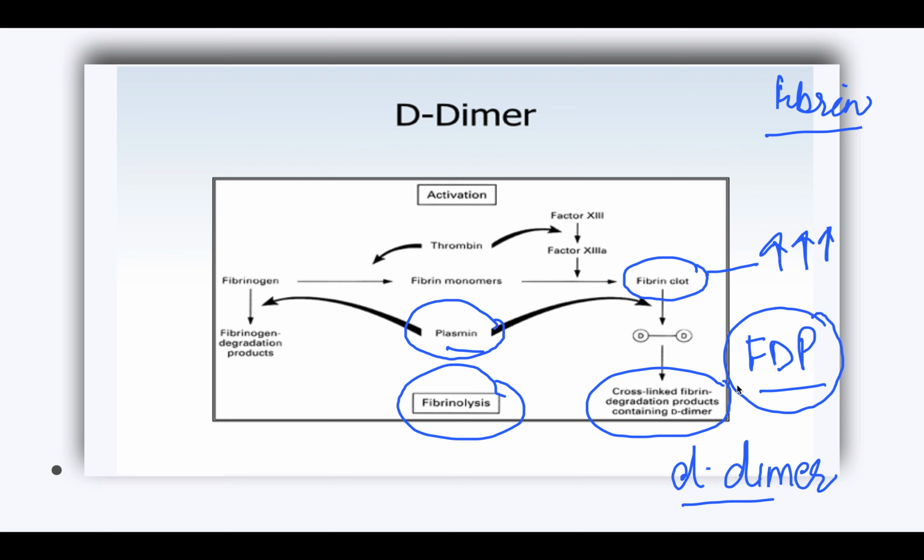So this D-dimer is a marker to diagnose DIC also. Now you have understood how D-dimer is produced in the body. D-dimer is actually a fibrin degradation product only and is formed from the fibrin clot.